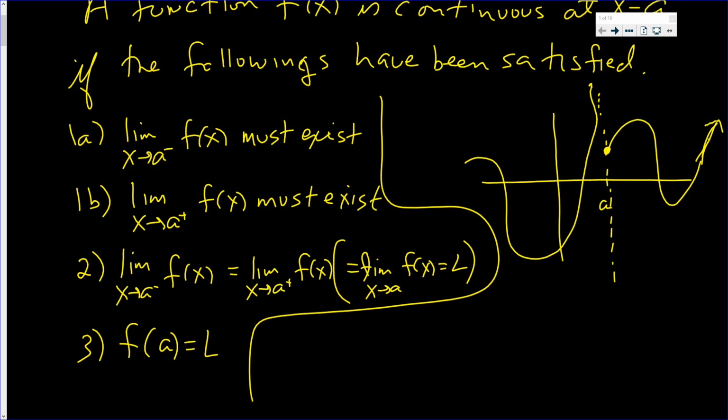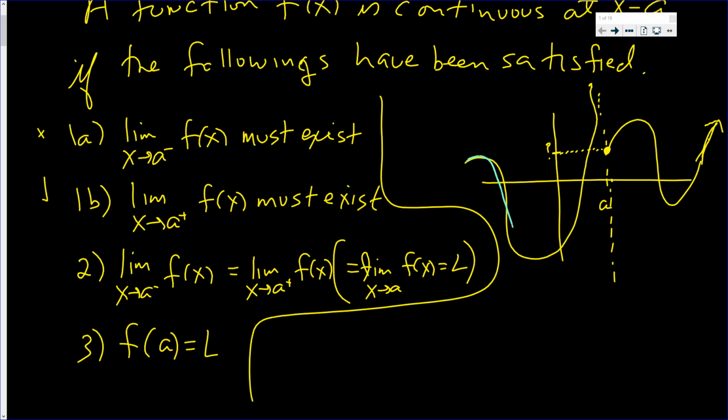If you're a little bit more than a, the y value is going to that number. So 1b exists, but 1a does not exist. This graph is not continuous for one simple reason.